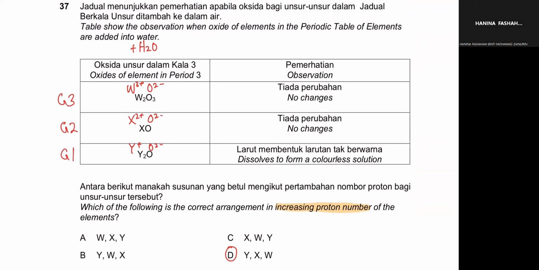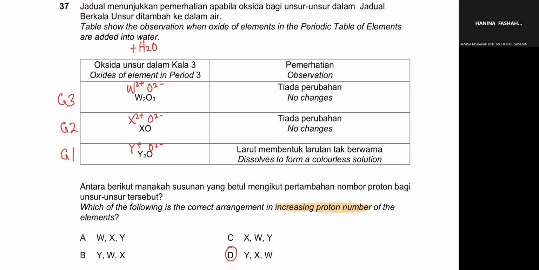This one is your period 3. Period 3, remember, the first two, group 1 and group 2, are alkaline metals. Alkaline means they can react with acid. This one they add water, so they put it inside water, got reaction, no reaction.